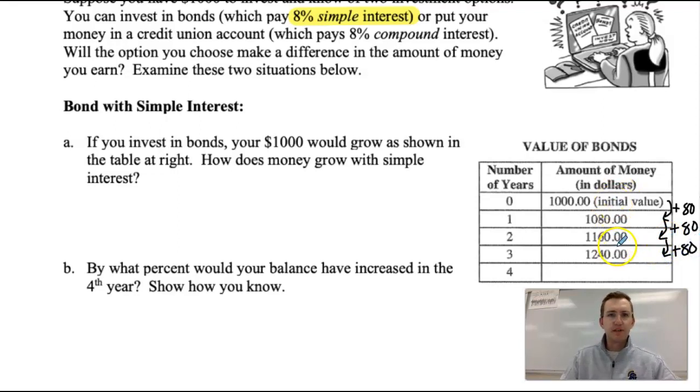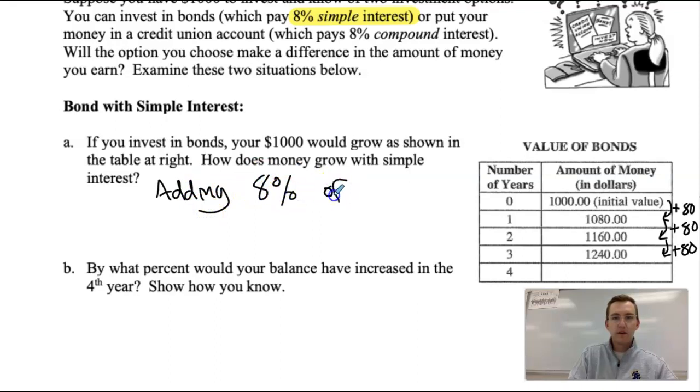The simple interest part is telling us that we are taking 8% of our initial value, and that's what we're adding every single year. So we're adding 8% of the original amount, of our initial value.